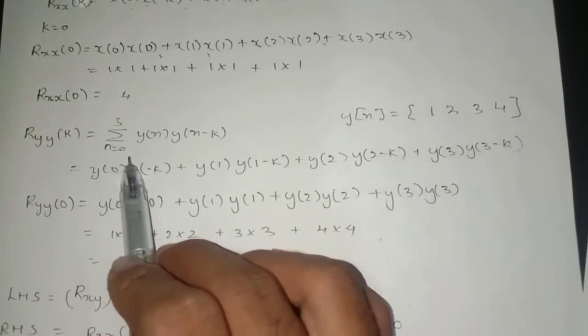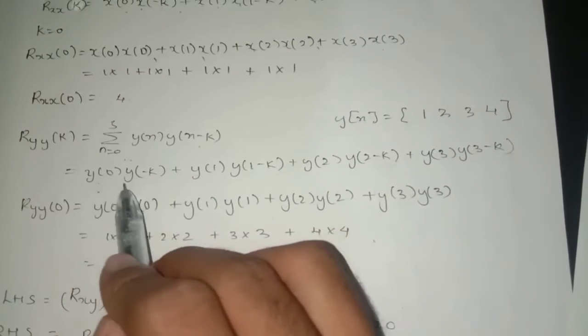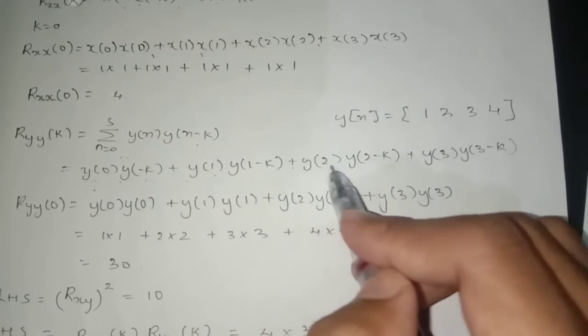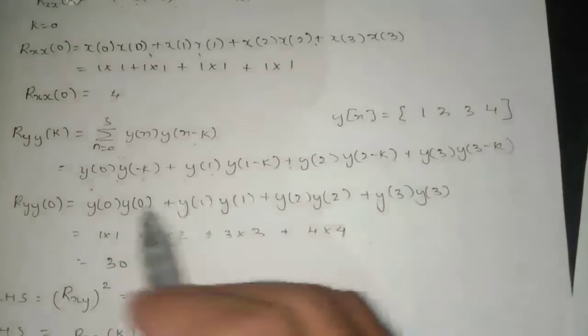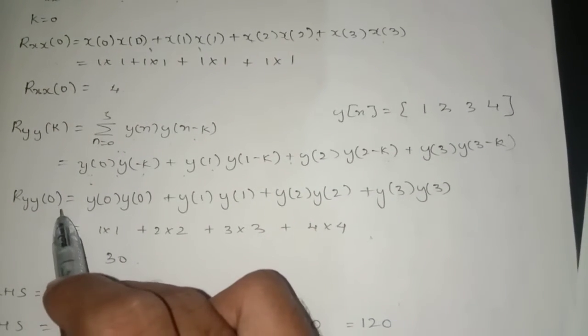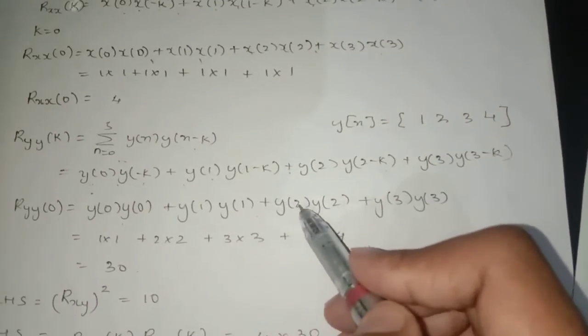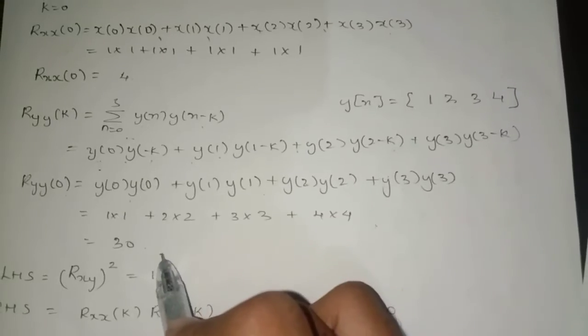Substituting n ranging from 0 to 3, y of n into y of n minus k, that is y of 0 y of minus k plus y of 1 y of 1 minus k plus y of 2 y of 2 minus k plus y of 3 y of 3 minus k. So substituting k value 0, we will get y of 0 squared plus y of 1 squared plus y of 2 squared plus y of 3 squared, and we will be getting the value 30.